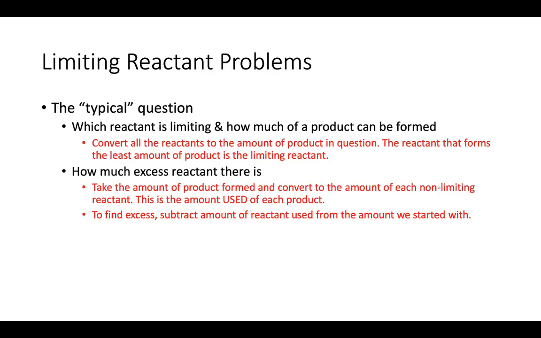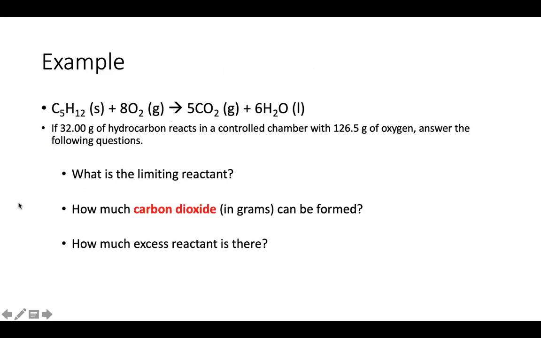The result of this dimensional analysis is how much we used of each reactant. I apologize, that's how much of the reactant we used up. Okay, and so to find excess, we subtract the amount that we used from the amount we started with.